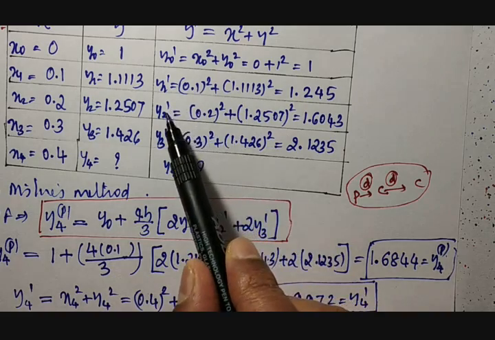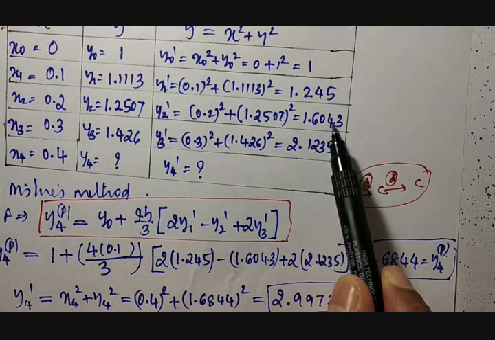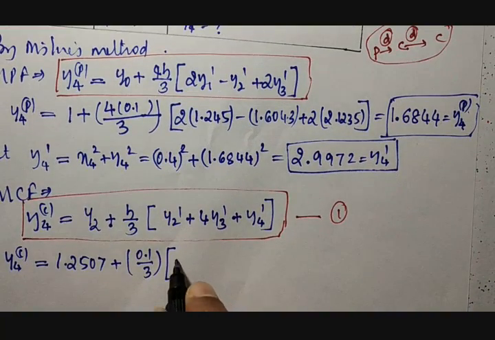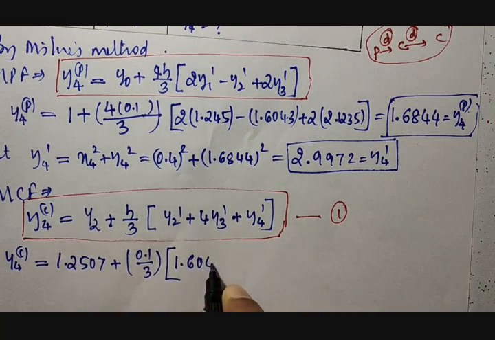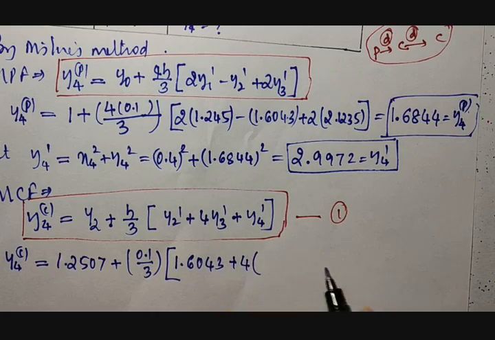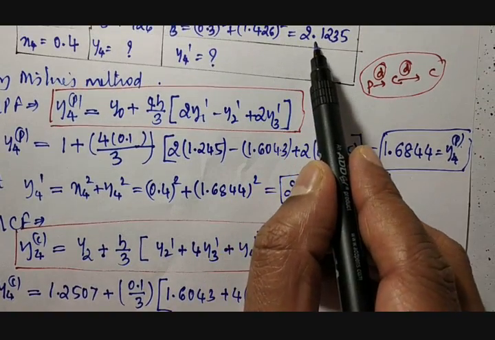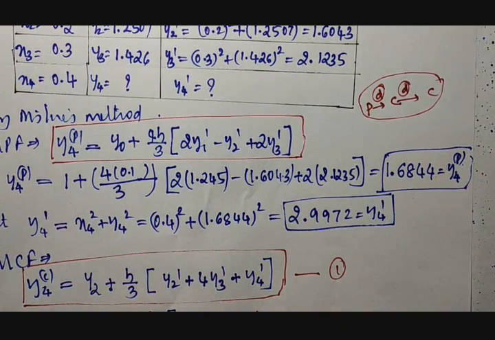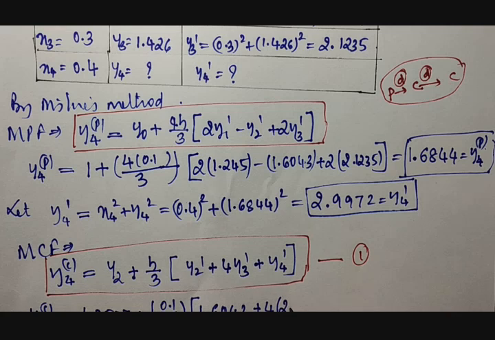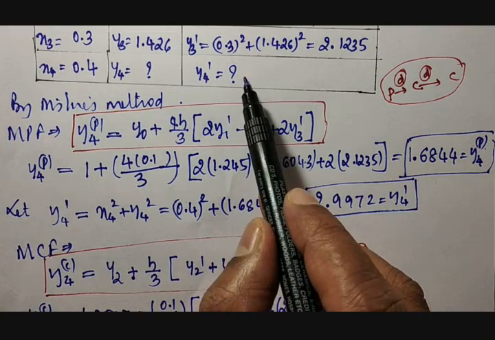What is y2 dash? y2 dash is 1.6043. Clear? Plus 4 into y3 dash. y3 dash is 2.1235, plus y4 dash, which is not there.